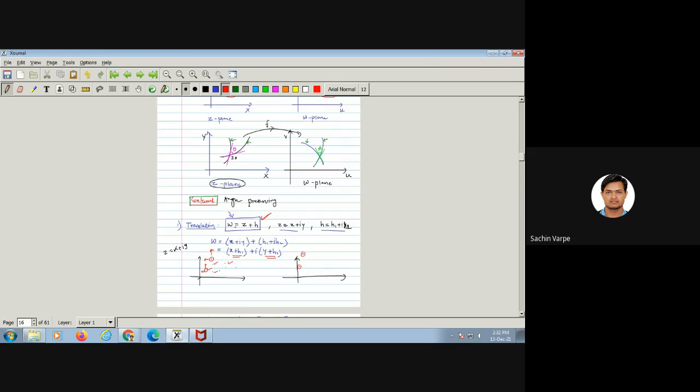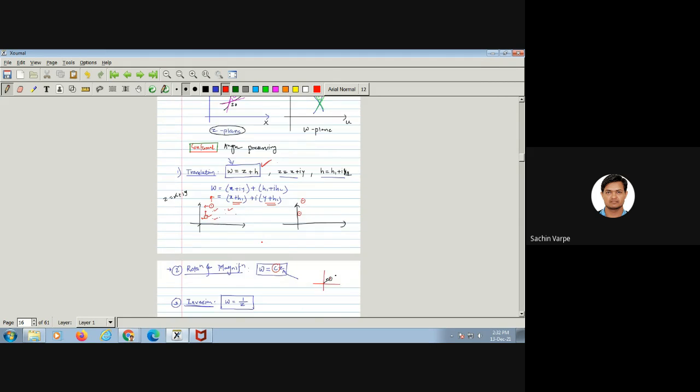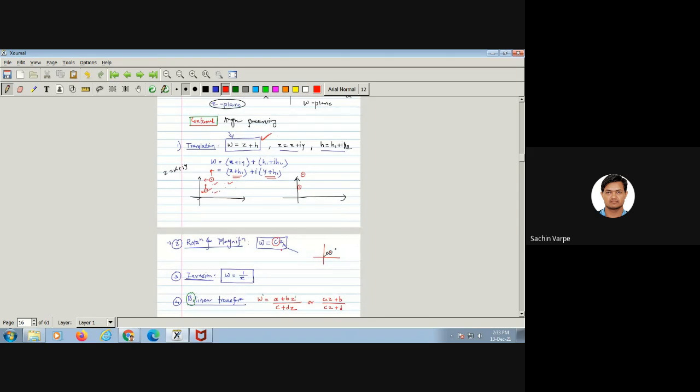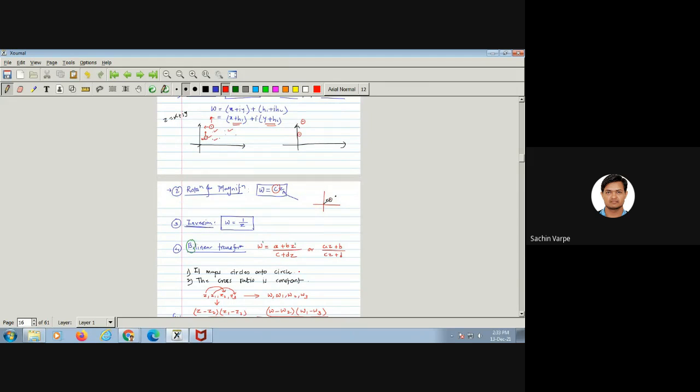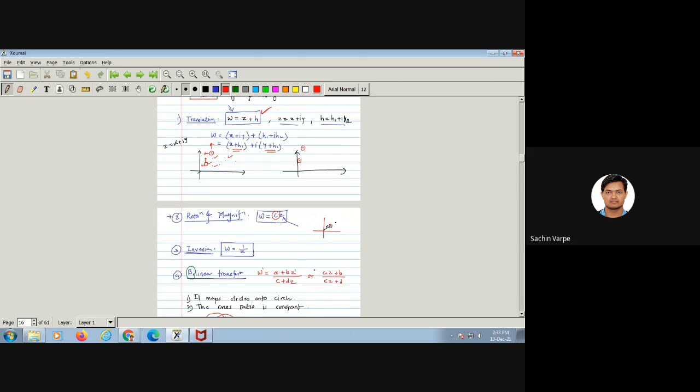So we have discussed the properties of conformal mapping like translation, rotation or magnification, inversion, and the last is bilinear transformation. Actually, if you look at this bilinear transformation, that is the combination of all the previous three properties. If we look at the numerator or denominator only, that is just like a plus bz, right?